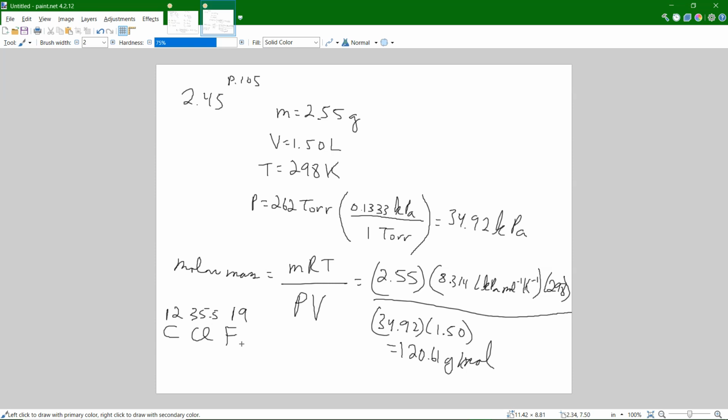How about 3 fluorines? 57 and 79 and 35. Will that work? 79 plus 36 roughly. I'm just guessing around here. 115, that's close, but not quite. What about 2 chlorines and 2 fluorines? I know that there's only 1 carbon, by the way.